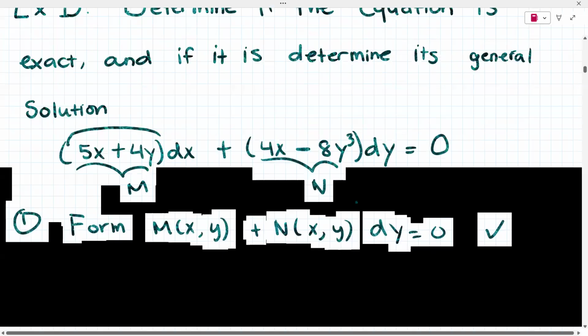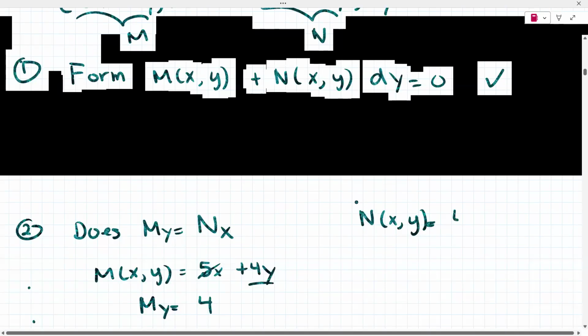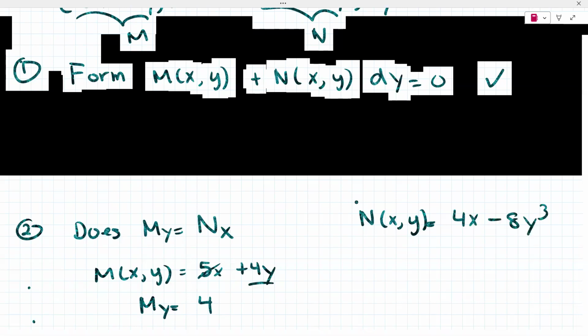It's pretty much this whole thing, 4x - 8y^3. If you take the partial derivative with respect to x, anything that does not have an x is 0. So the negative 8y^3 does not have an x, so it's a constant. The derivative of a constant is 0, and the derivative of 4x is just positive 4.